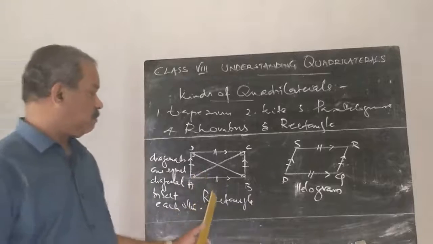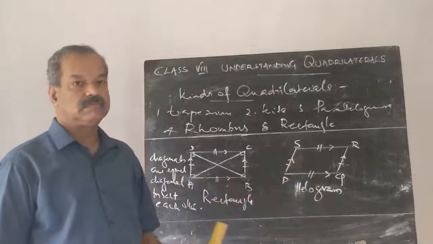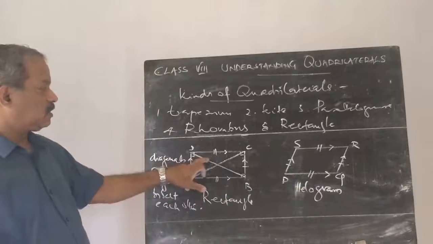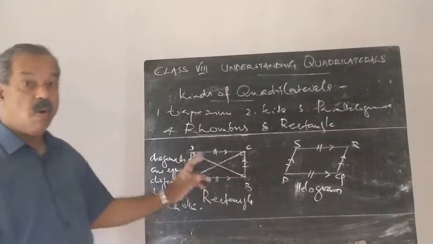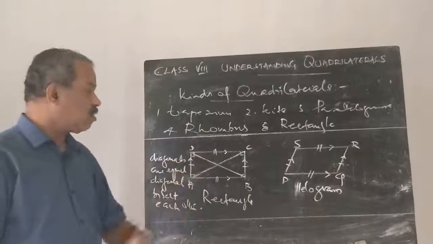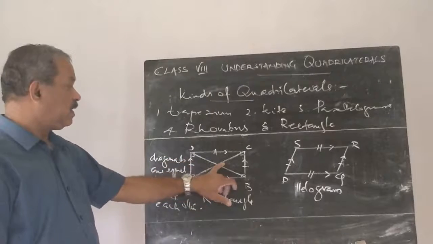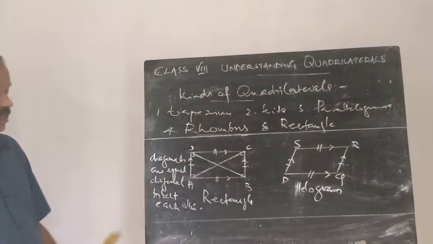Then how does a rectangle differ from a parallelogram? A rectangle is a parallelogram in which all the angles are equal, diagonals are also equal, and diagonals bisect each other.